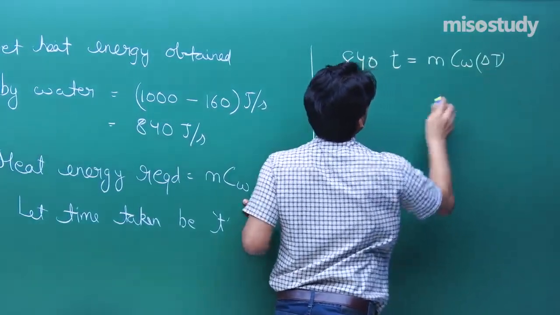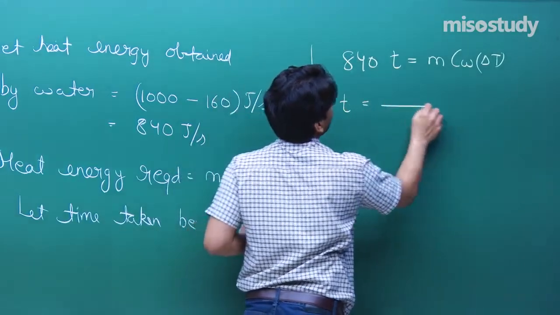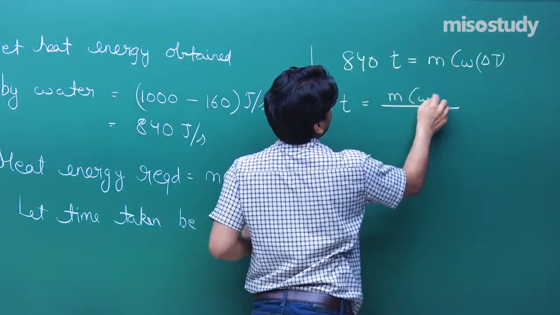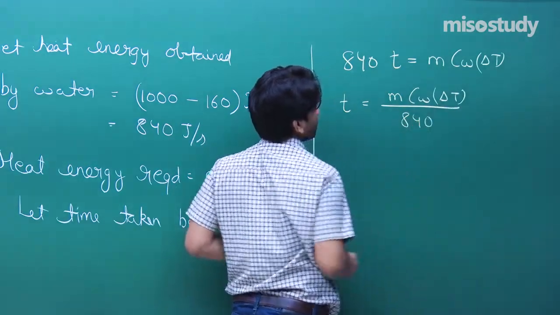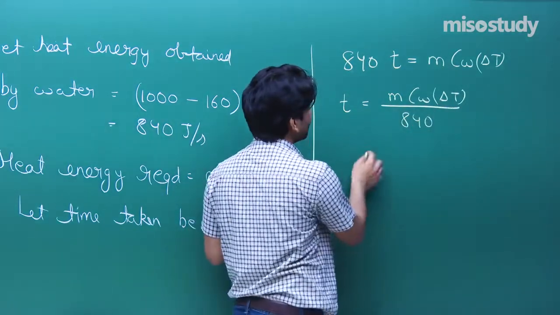From here T comes out to be mcwΔT divided by 840. Clear? Not too tough to understand this.